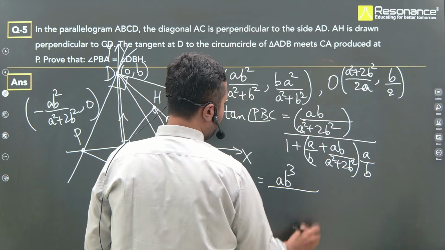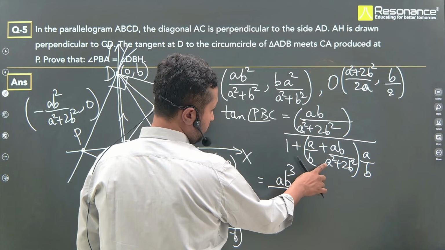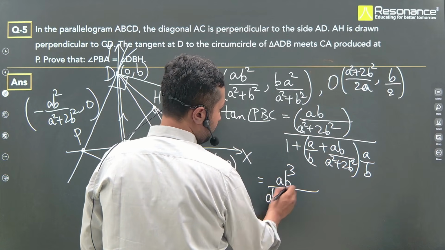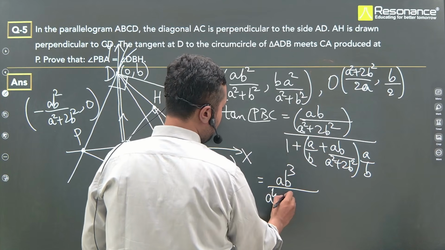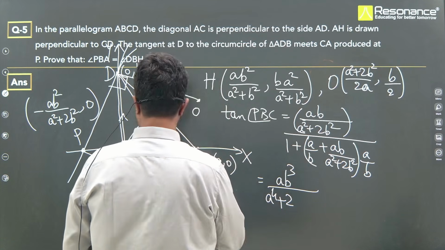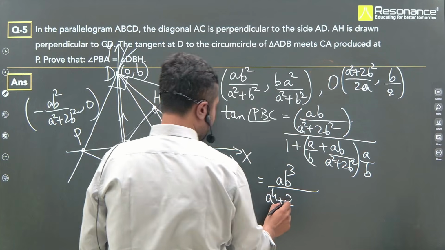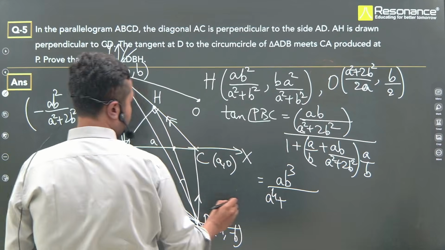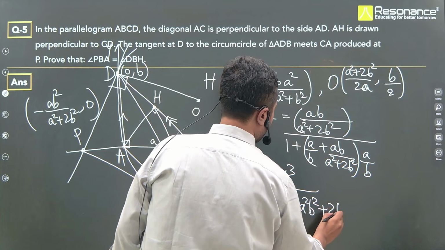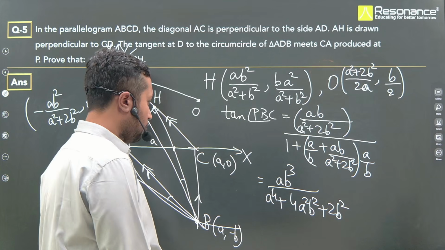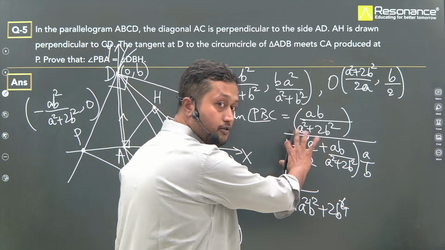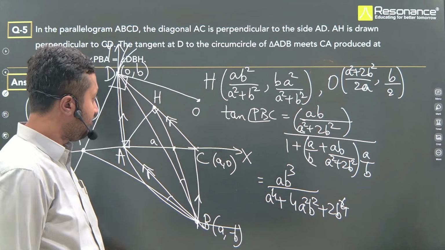So you'll have AB cube divided by, yeah, I just remember this answer. I think it is A power 4 plus 2A square B square plus 2A square B square. So that's 4A square B square plus 2B power 4. Yeah, I didn't really show you all the calculations, but that's the value of tan PBC.